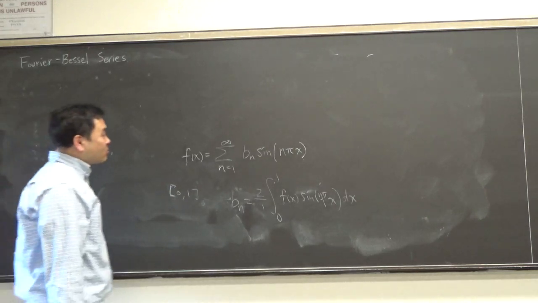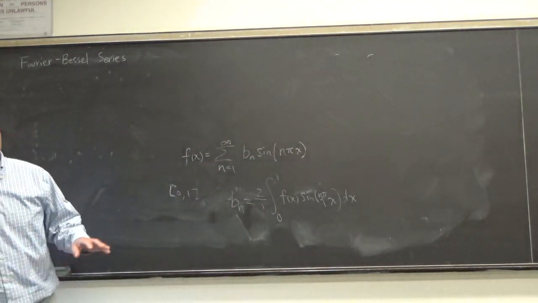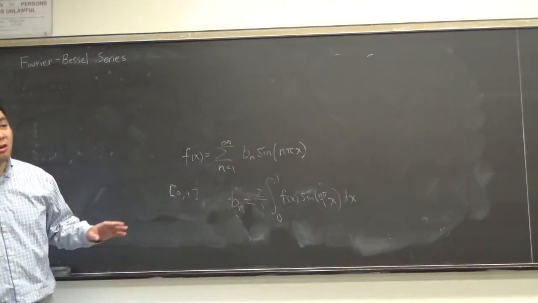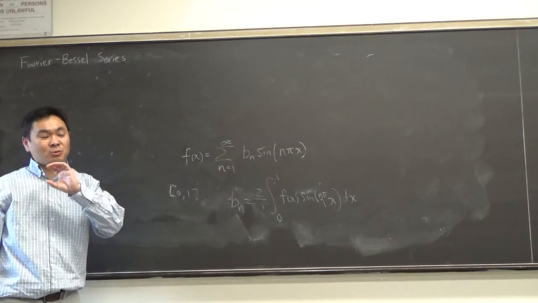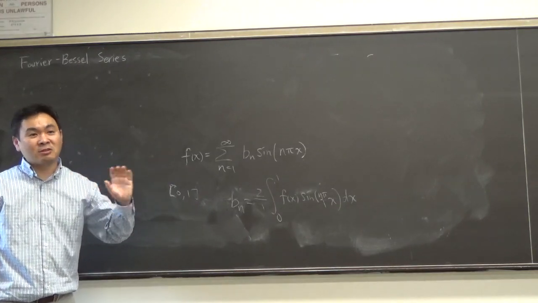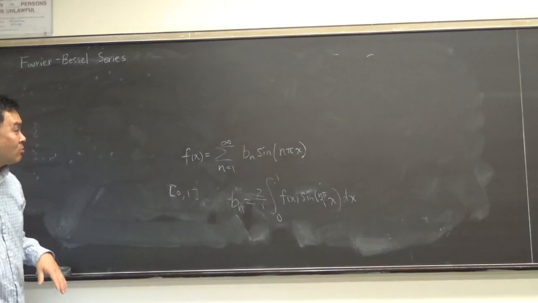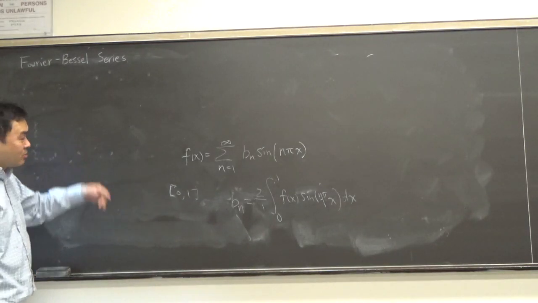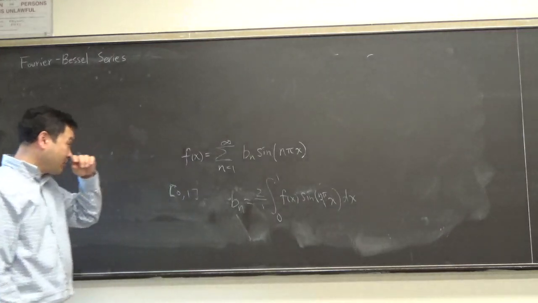So something similar is going to happen to us when we try to solve the wave equation on the disk, okay? Last time we stopped just before seeing that the equation we get is Bessel's equation, right? So we know that the building blocks involve Bessel functions when you try to solve wave equations using cylindrical coordinates or polar coordinate system.